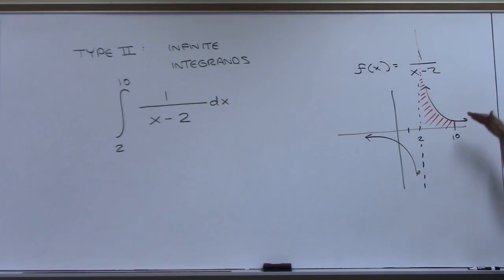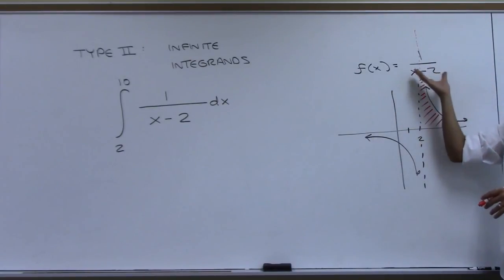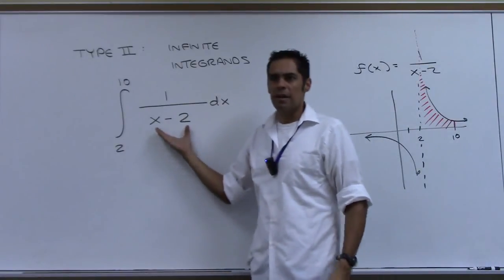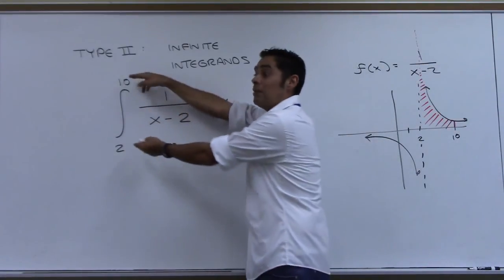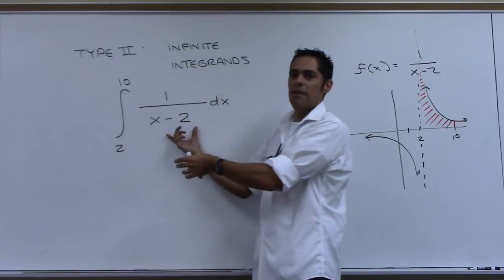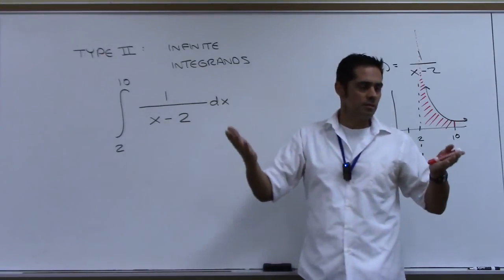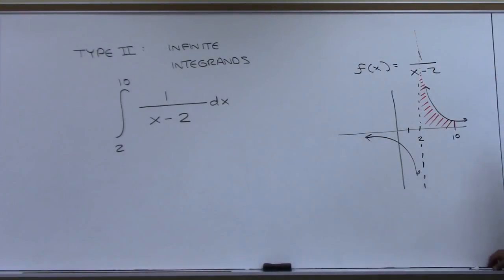And so we have an infinite integrand. Our integrand is infinite, as opposed to our limit being infinite. It's the integrand that becomes infinite. Do you see the difference? I'm just trying to get you to understand the names of these things and why they call them what they call them. So could it be possible that that area is actually finite?